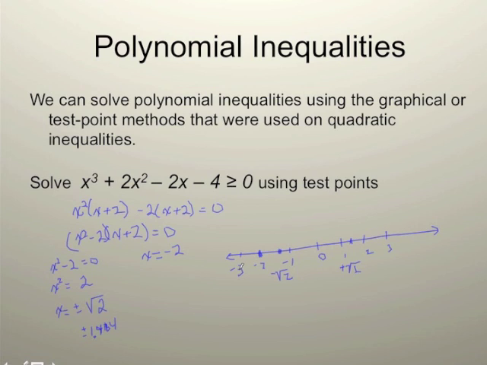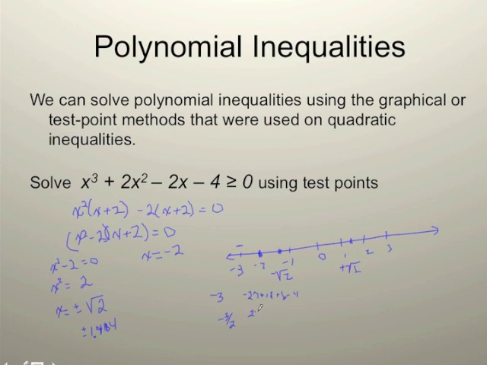To the left here, I can do negative 3. So if I do negative 3, that would be negative 27, positive 18, plus 6, minus 4, which is going to end up being negative. Here I can do, this is negative 1.4, so I'm going to use negative 1.5.